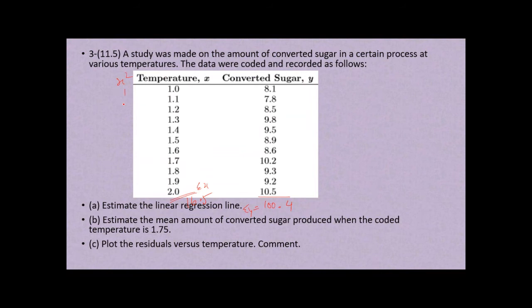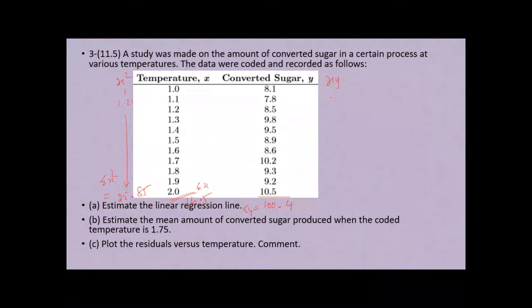All the squares, 1.11, 1.21. You can find all the squares by using calculator. And the sum of all the squares I'm writing here. Sum of all the squares, x squares, 25.85.